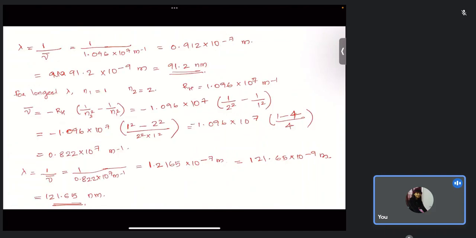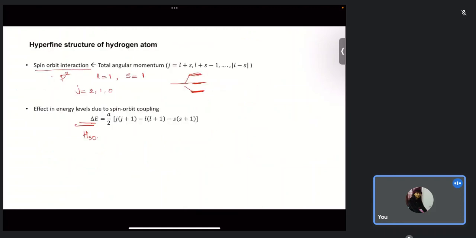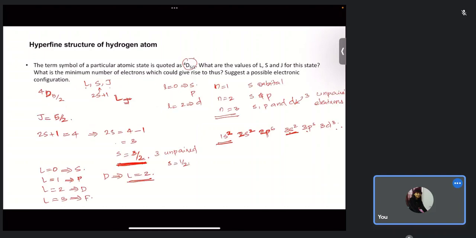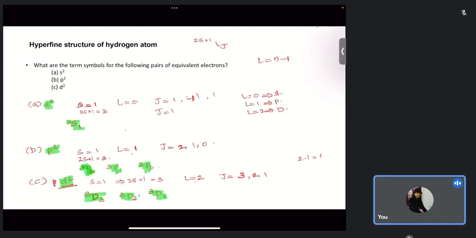Then we came to the hyperfine structure of the hydrogen atom, and we calculated the L, S, J values for a 4d5/2 state, and we found the term symbols associated with a couple of electronic configurations. That's what we covered in today's problem solving session.